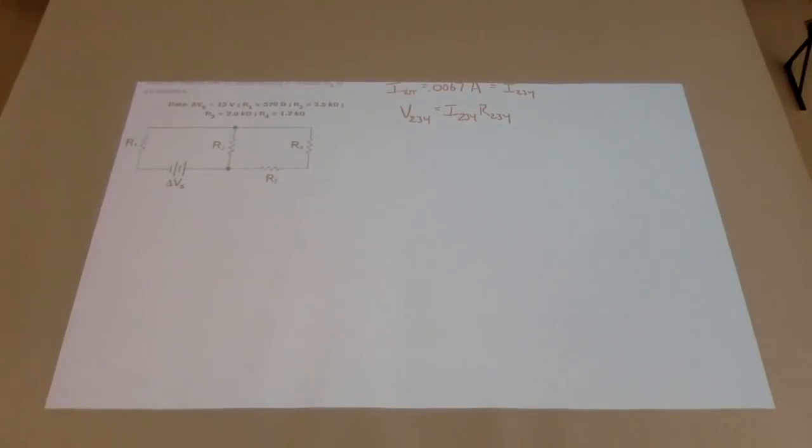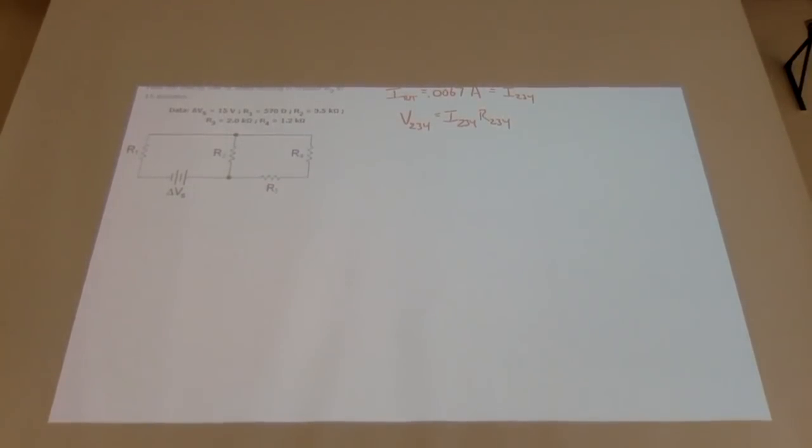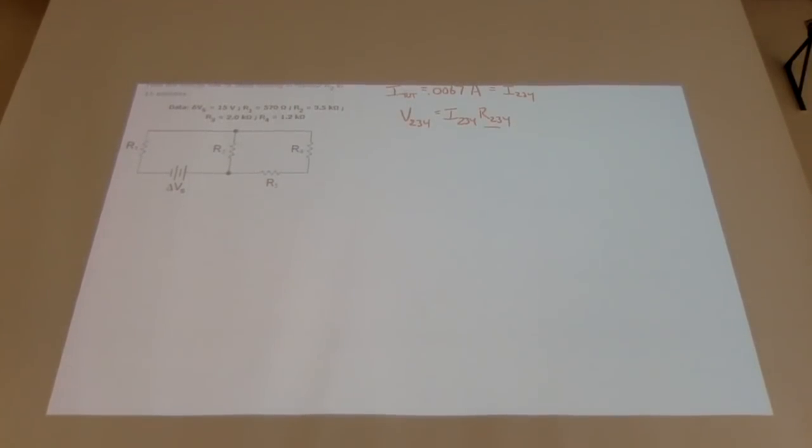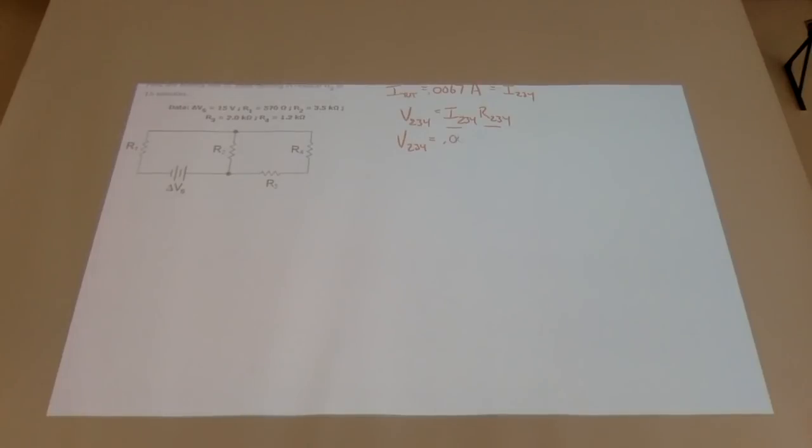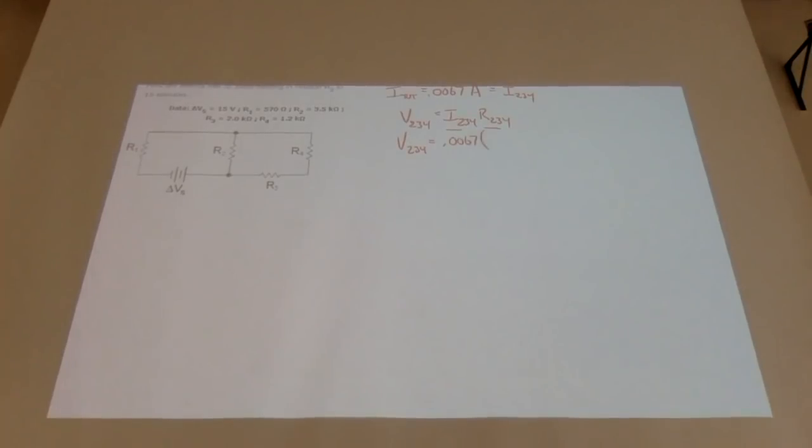So if we go through this, what do I not know? I know this value for R, and I know this value for I, which means I can find V234. It's equal to 0.0067 times, what was R234? It's back there somewhere. 1671? Is that what we had?